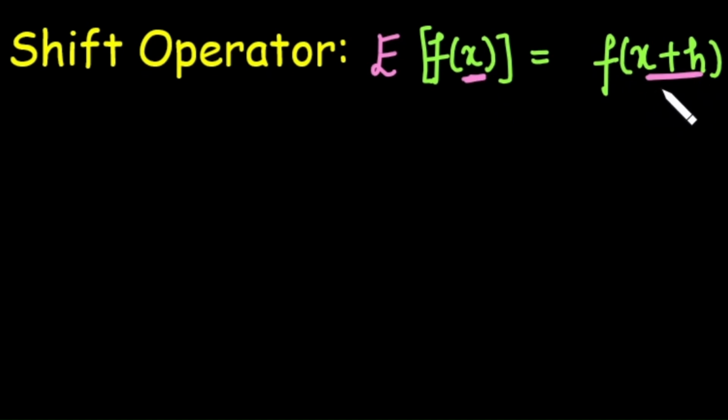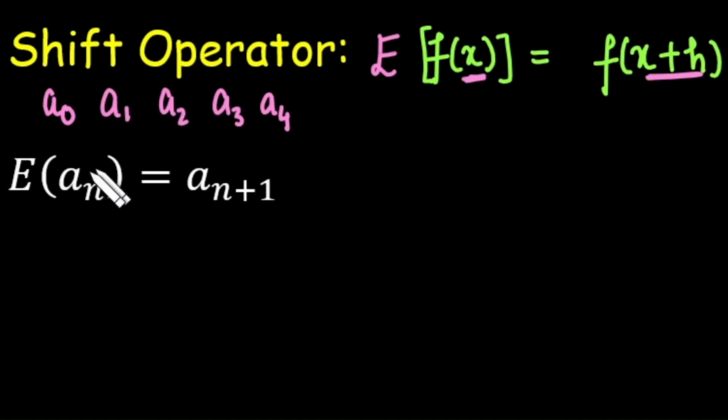But in a sequence, there is no need of h, as we know that the sequence starts from A0, then A1, A2, A3, A4, and when we want to shift A0, it will move towards A1. And if you want to shift A1, it will move towards A2. It means the index is changed by 1.